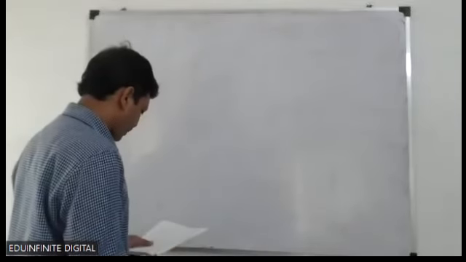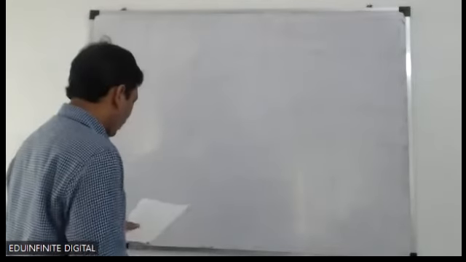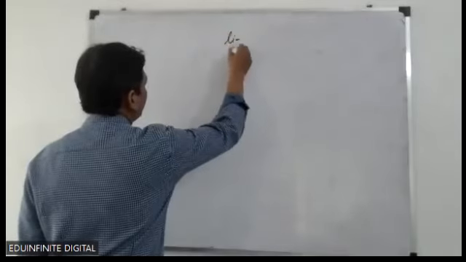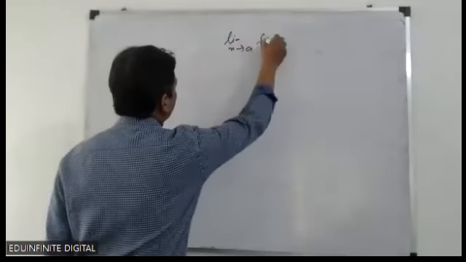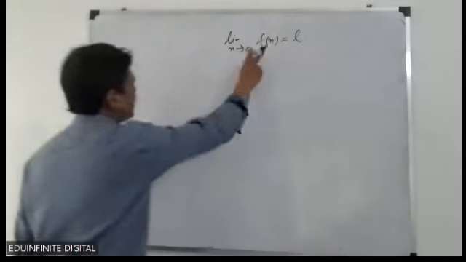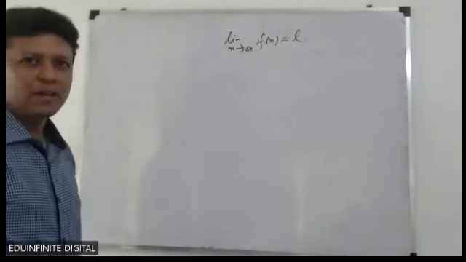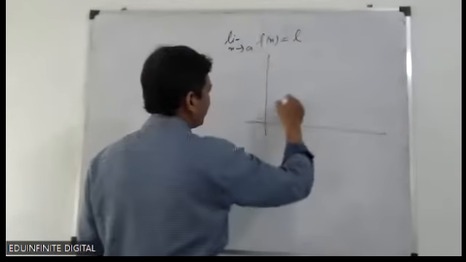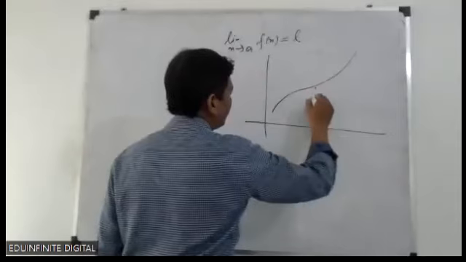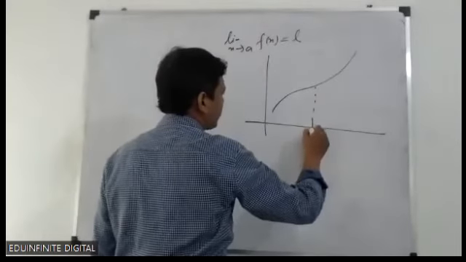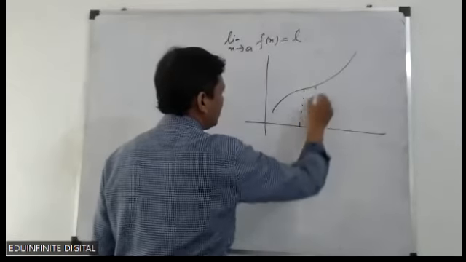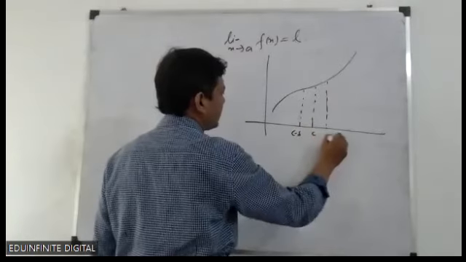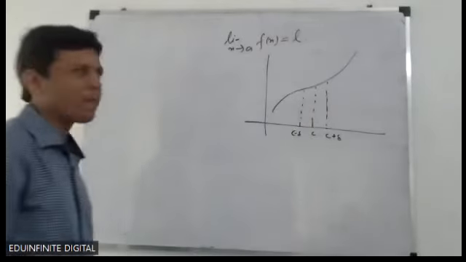So what do you mean by limit? You know that we used to write limit x tends to c of f(x) equal to L. So what does it mean? It means that this is the curve and this is, suppose, c, and there is a neighborhood of c. c minus delta, c plus delta is the neighborhood of c.